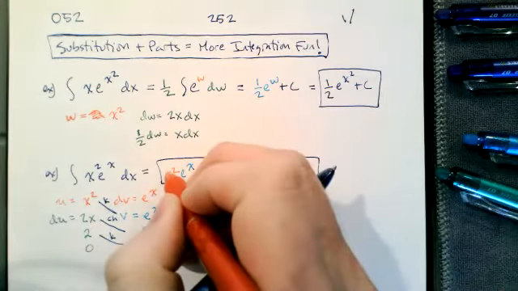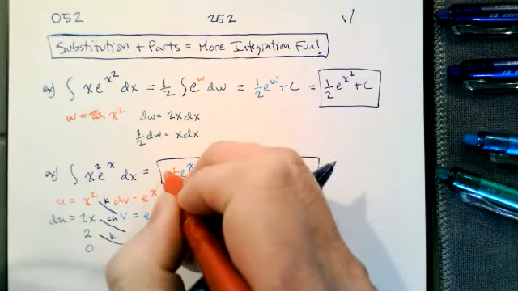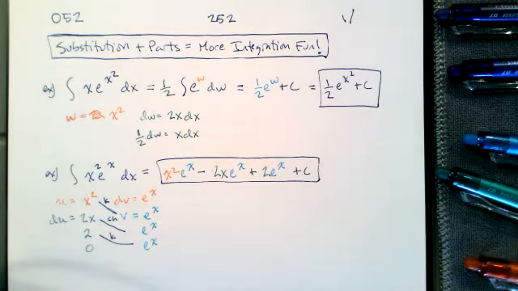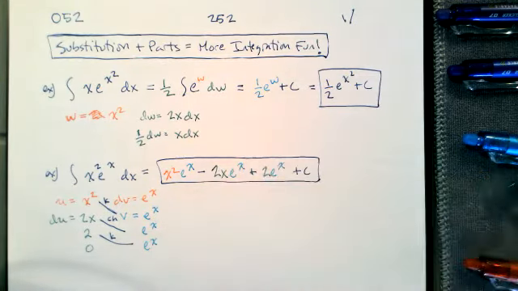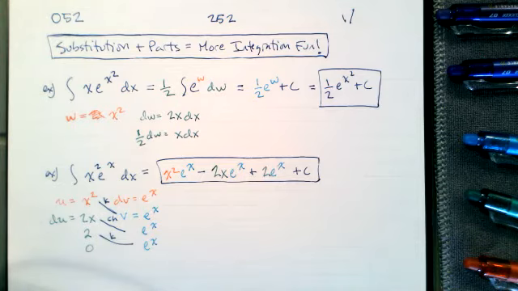So we have our 2 classic examples of integration by substitution and integration by parts. Remember the rules for substitution. The thing you want to remember for substitution is that something's got to be my dw.